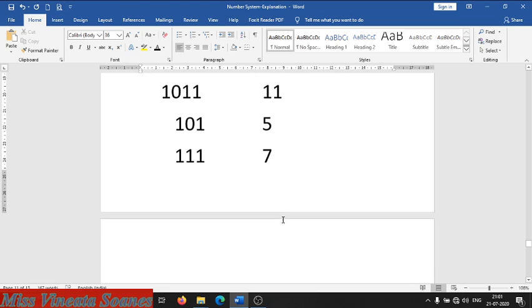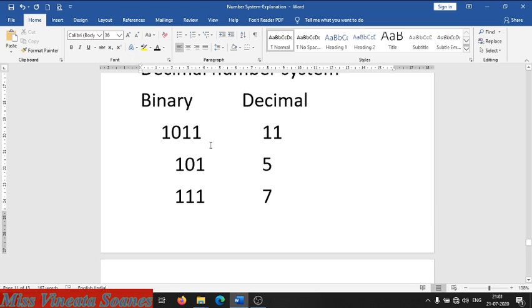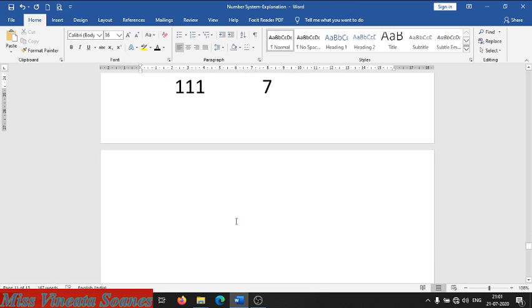If you want to check whether this really is equal to this, you can try the conversion, and you'll find that 1011 is equivalent to decimal number 11, and so on and so forth, right?